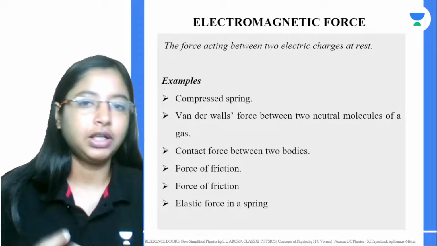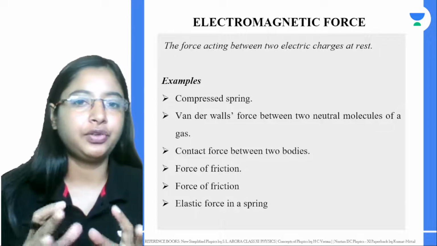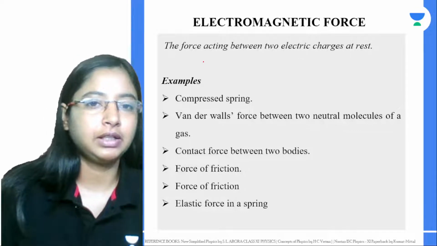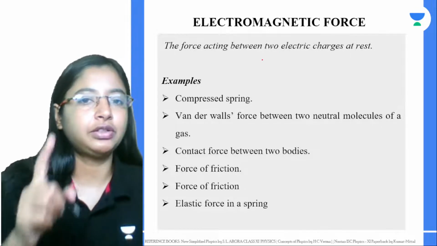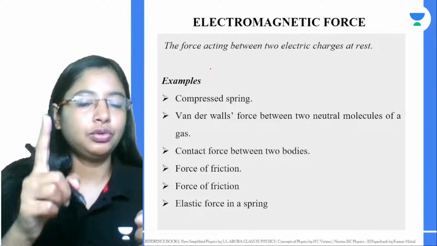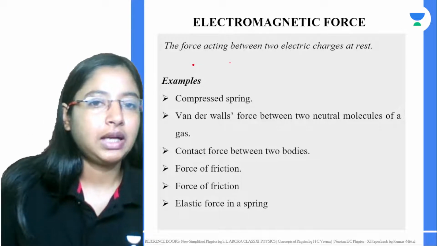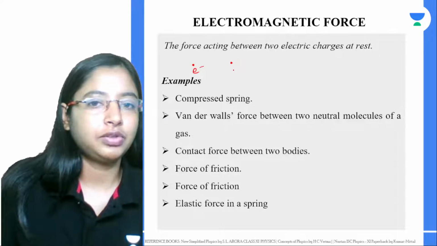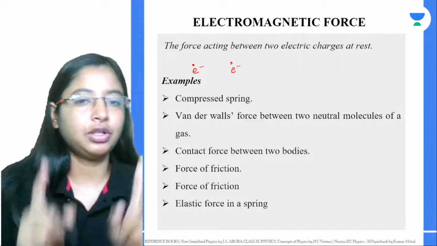Over here, take the force exerted between two charges at rest, say two electrons. Let's say this is a charge and it's an electron, and this is also a charge and an electron. If two charges are electrons, they are like charges.